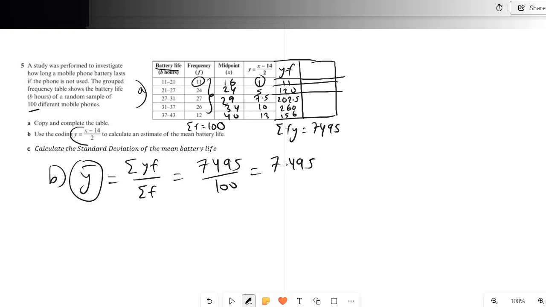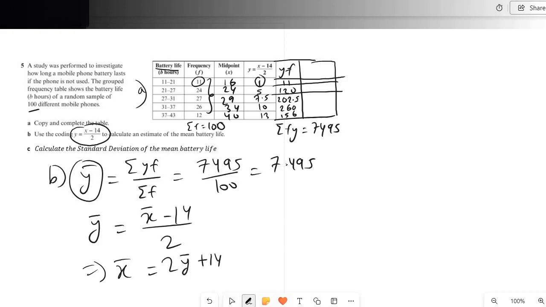So now using the formula, Y is equal to (X minus 14) divided by 2, we can say that the mean of Y is going to be equal to (mean of X minus 14) divided by 2. So the mean of X is going to be equal to 2 multiplied by the mean of Y plus 14.